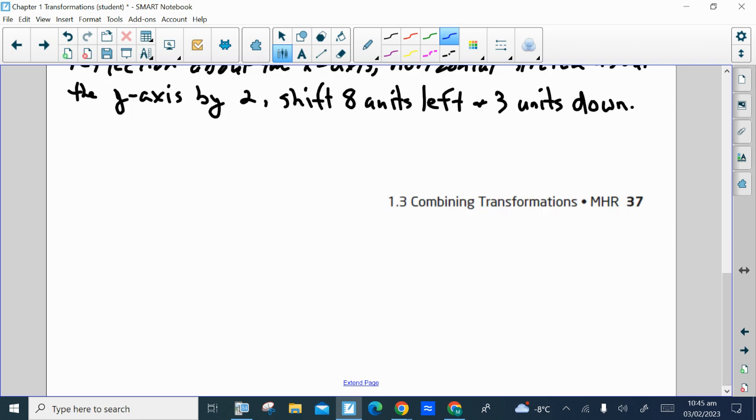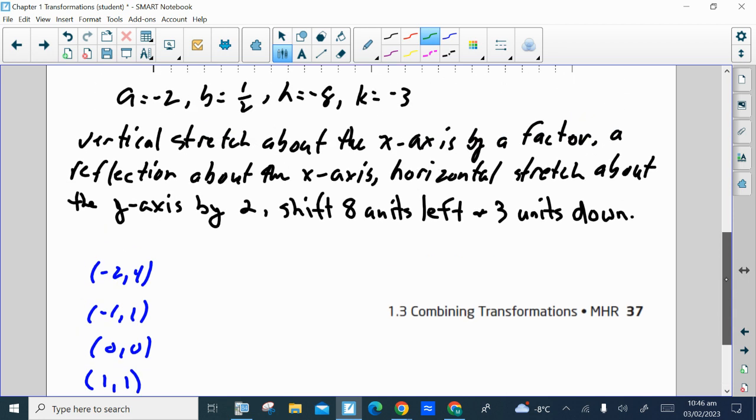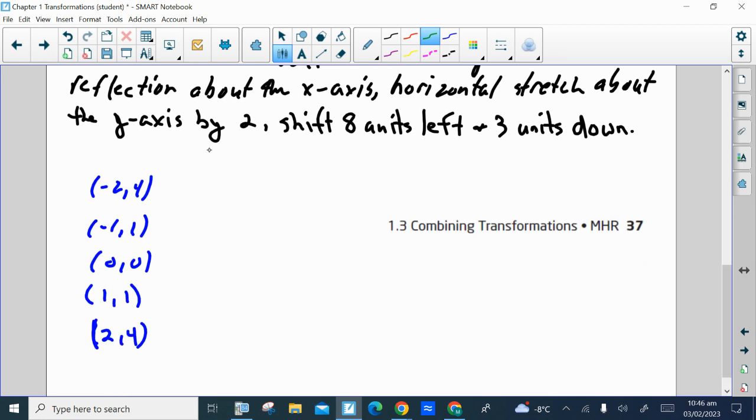So, start with those same 5 points. And an a value of -2.